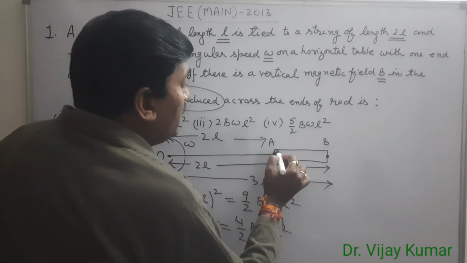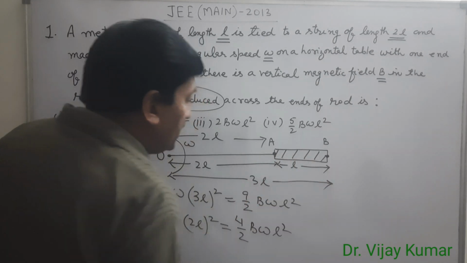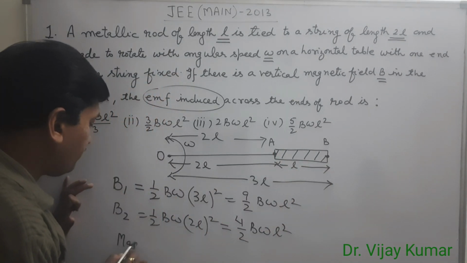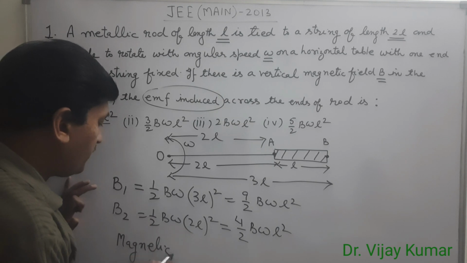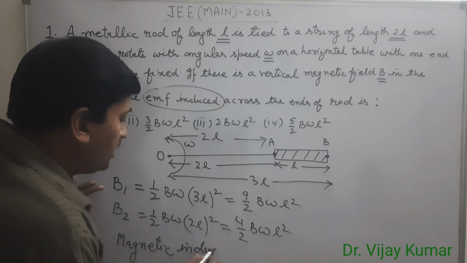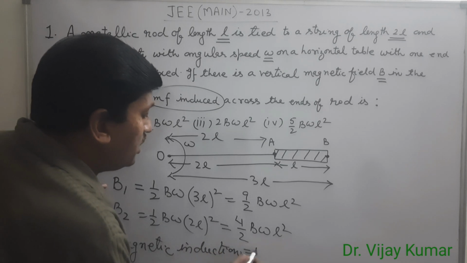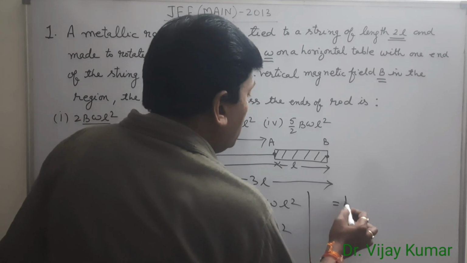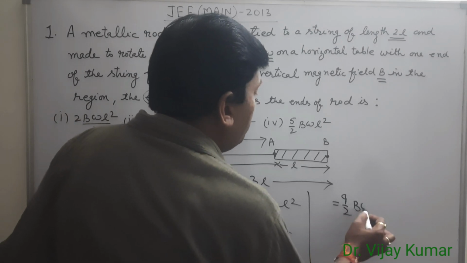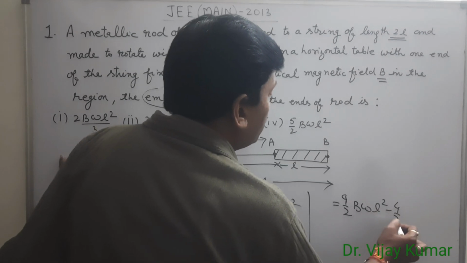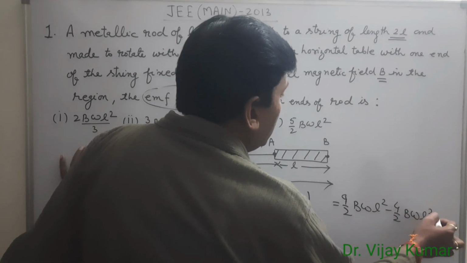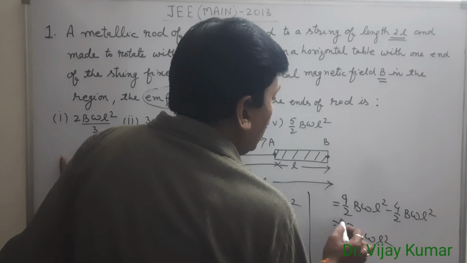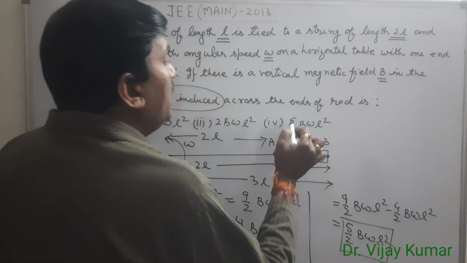So the induced EMF in this rod AB should be E1 minus E2, or we can say it should be 9 by 8 B omega L square minus 1 by 8 B omega L square, which is 1 by 1 B omega L square.